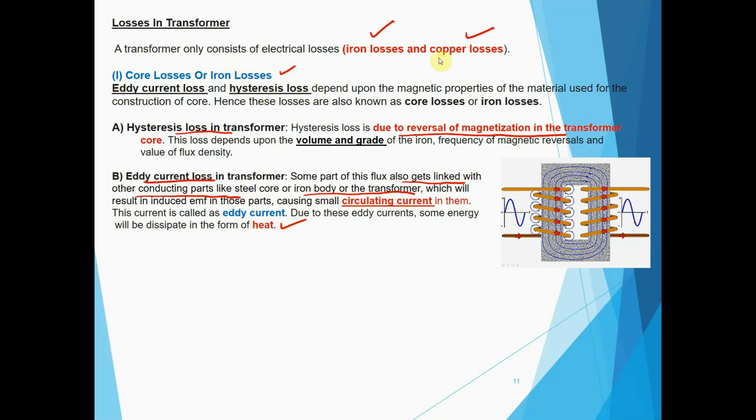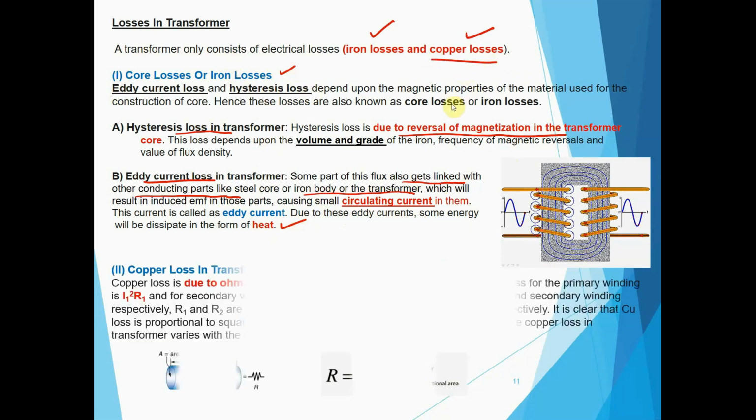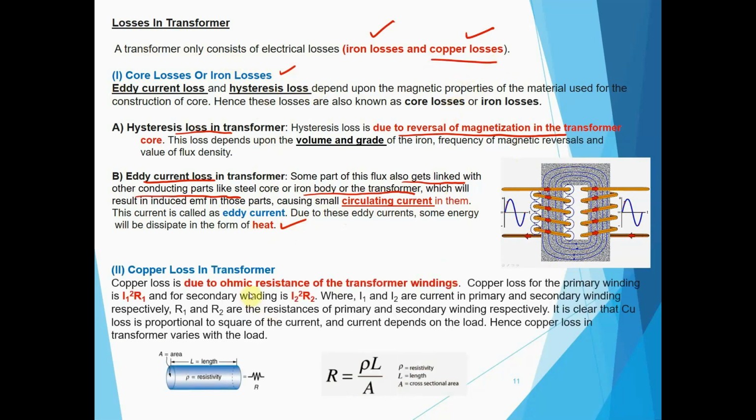And we also have another loss, which is copper loss, which is due to the ohmic resistance of the transformer, right? We have a winding, so it has some length, and we have the resistance with respect to length. Since it is a coil, it also has an inductive effect, right?